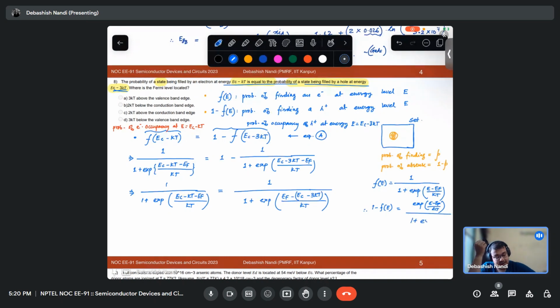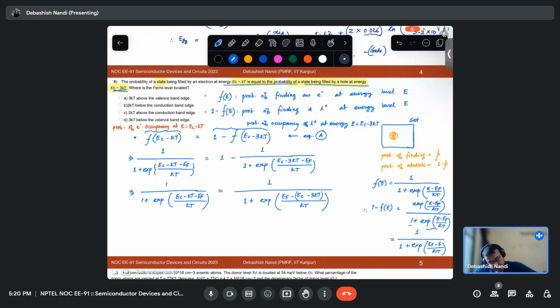If you divide numerator and denominator by exponential of E minus EF by KT, you will get 1 plus exponential of EF minus E over KT. Fine.